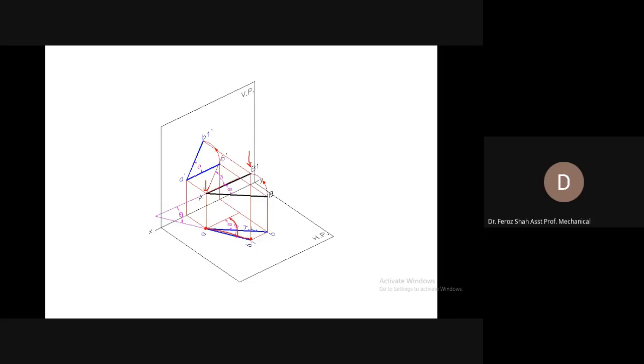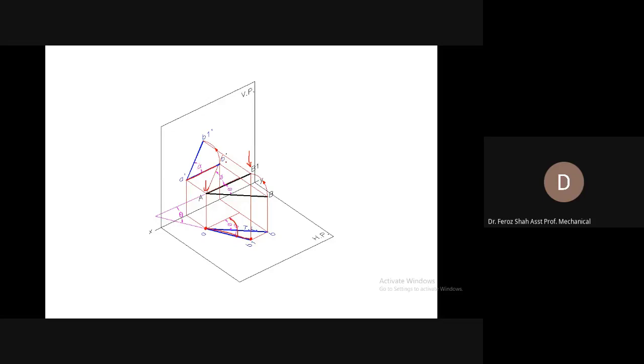Now, what happened to the front view? The front view was initially parallel to the XY reference line, but once you have moved B to B1, it has made the line inclined to the horizontal plane as well.